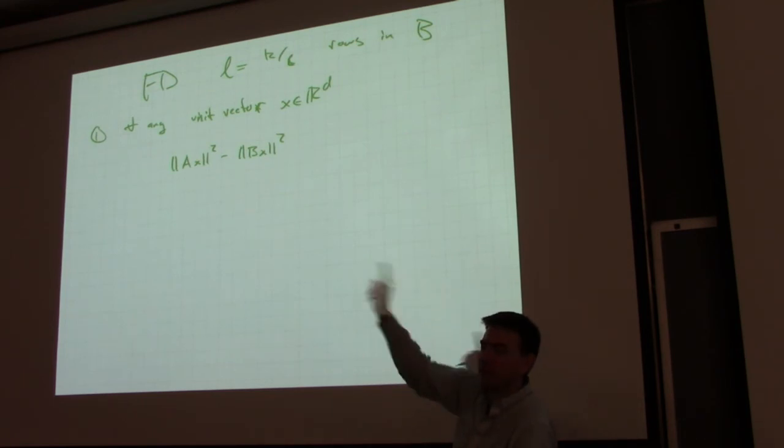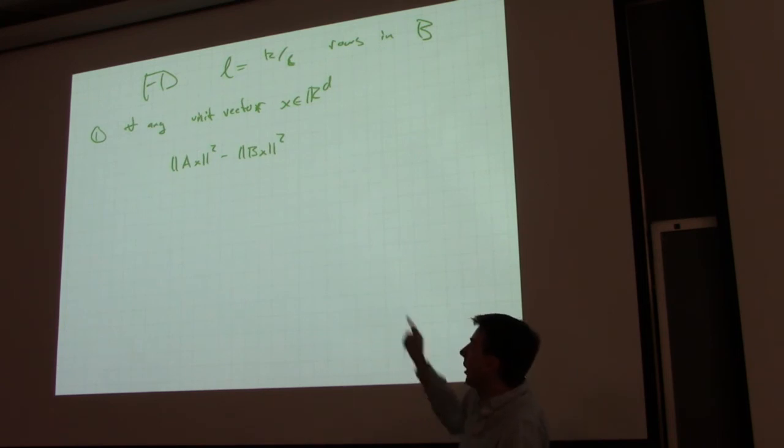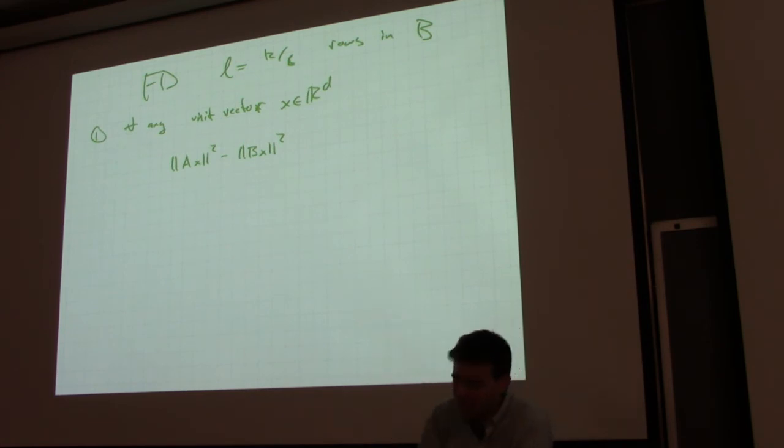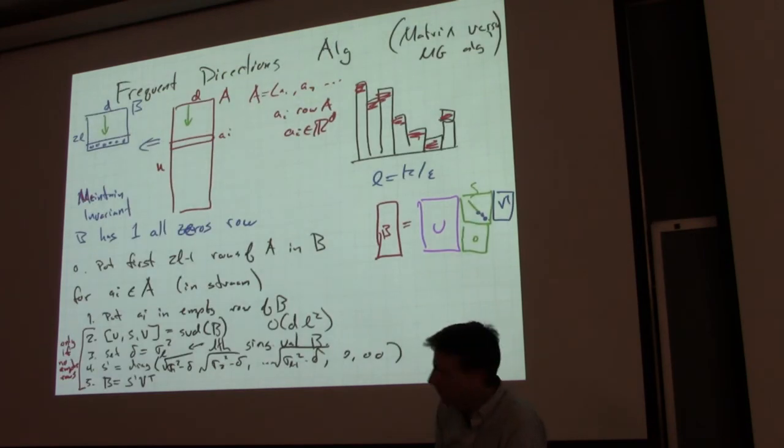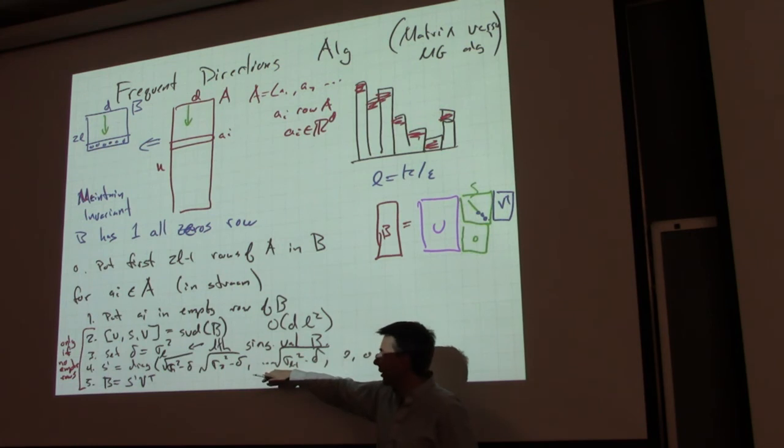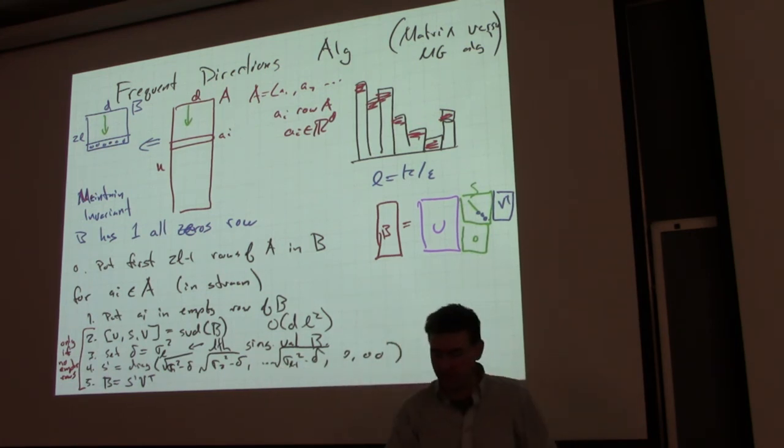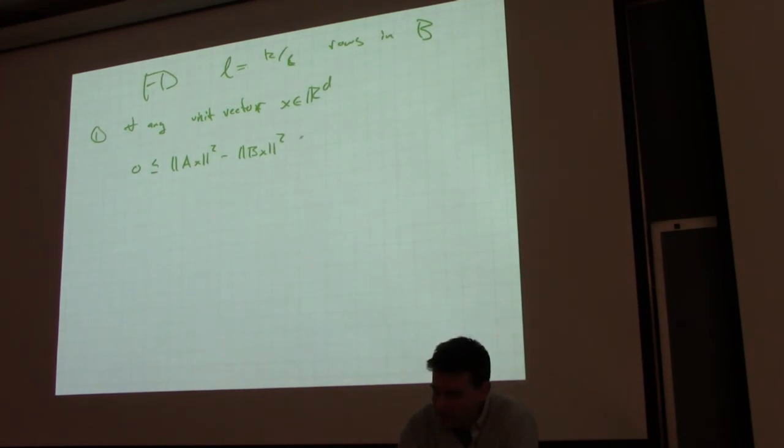I'm saying look at some direction, and I want to say how much squared norm is there in that direction x, described in A or described in B. And I know that B is always a shrunken version of A, so I know that this is always going to be greater than 0. So Ax is always going to be greater than Bx. But remember, I'm always shrinking the singular values, which is capturing the norm of the matrix. Okay?